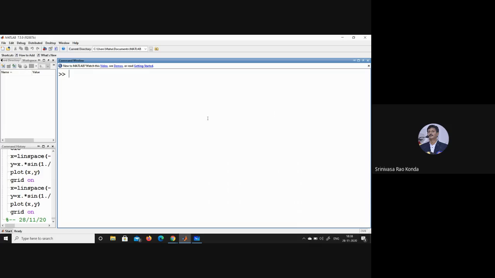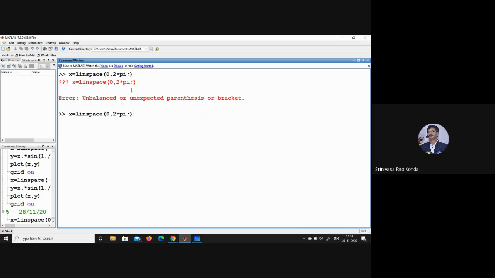First, we have to define the x value. x is equal to linspace of 0, 2 pi.